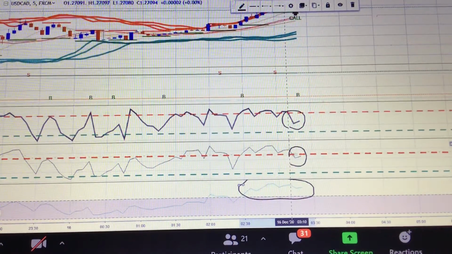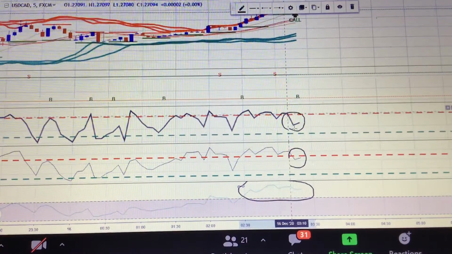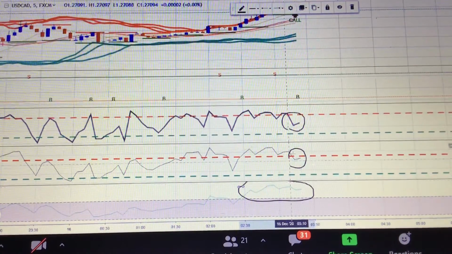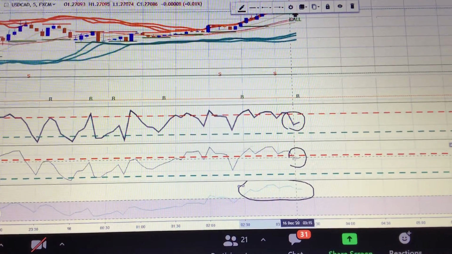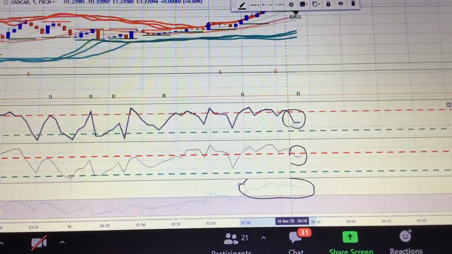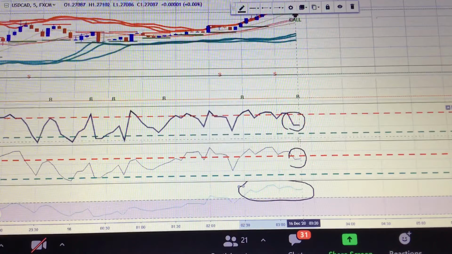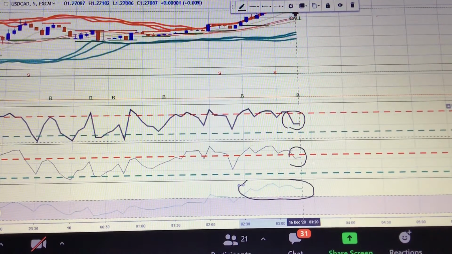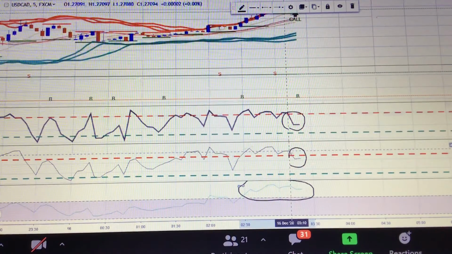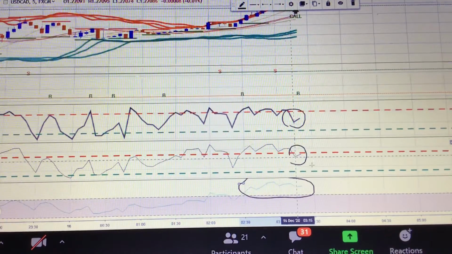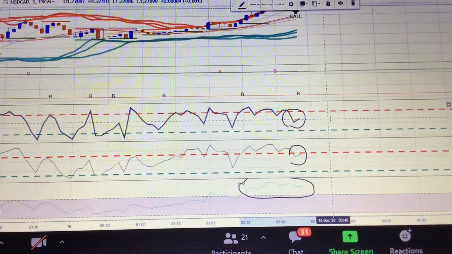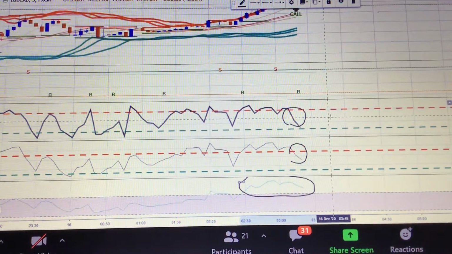Even though you might get a cross down, you see these cross downs, it's still on an uptrend. All right, so I don't need to wait for this black line to go all the way down and then cross up, and the second RSI go all the way down and then cross up. It's not going to happen that way, especially if it's on a trend.